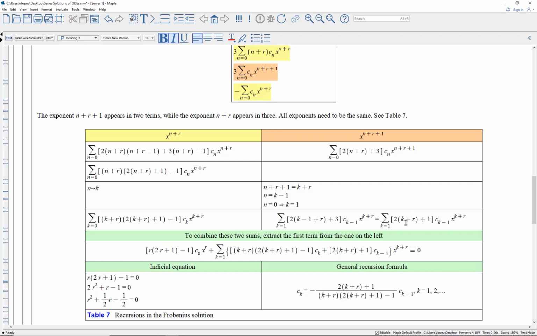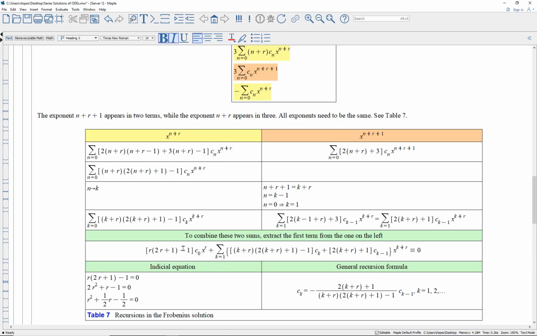And here I've cleaned up what the coefficient will look like. So here's the sum from 0. Here's the sum from 1. I cannot bring these two terms together yet. I have to pick off the k equals 0 term from this sum and start it at k equals 1 so I can join it to this series.